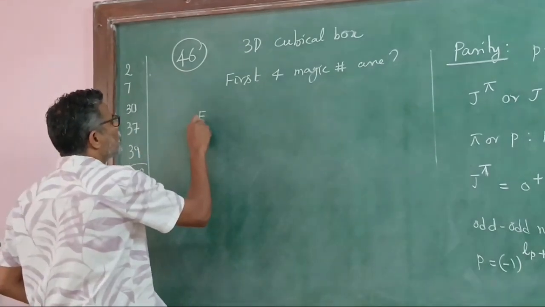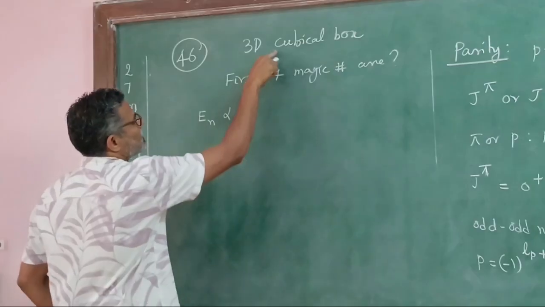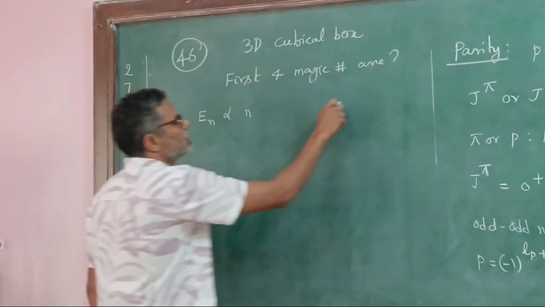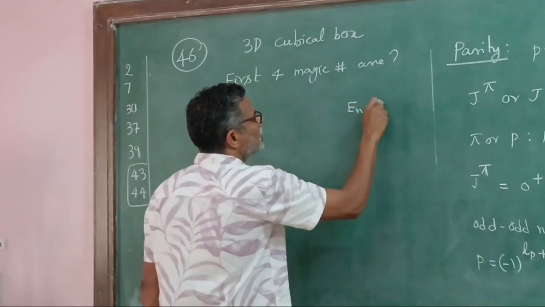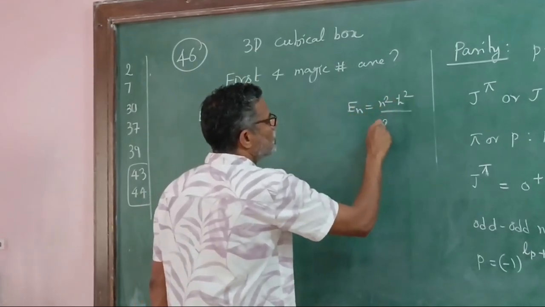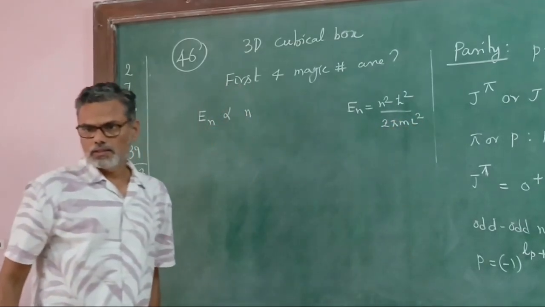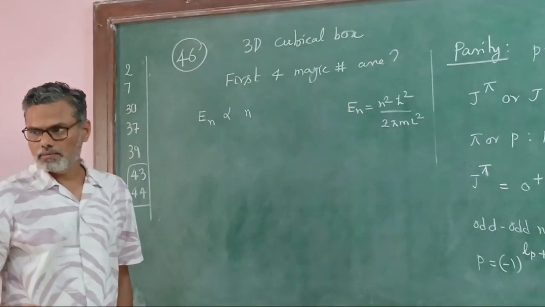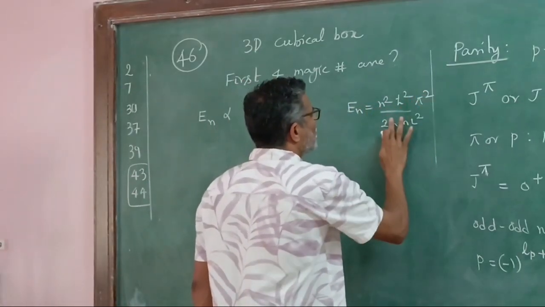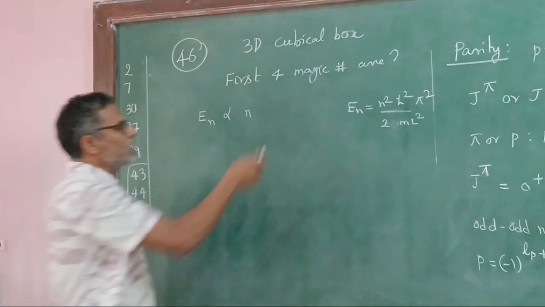Basically what you should know is your energy En is proportional to, in the case of the particle in a box problem, En equal to n square pi square h cross square divided by 2 m l square.